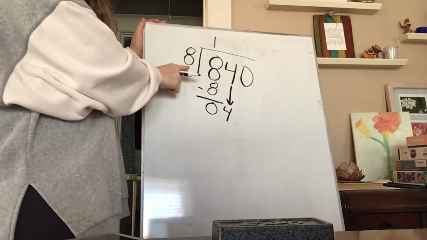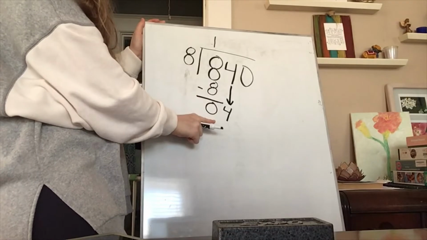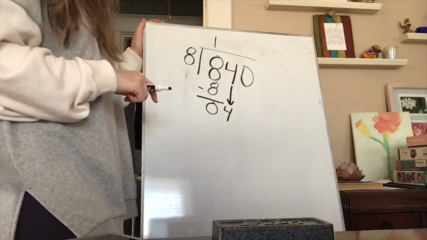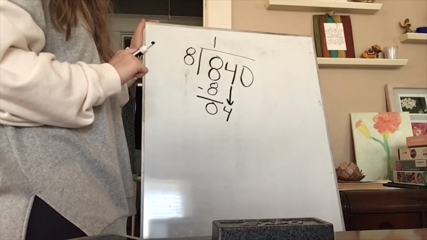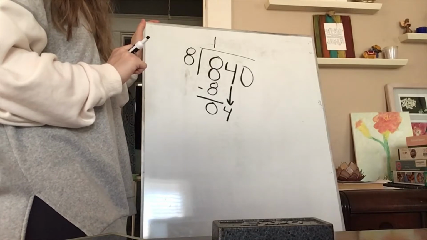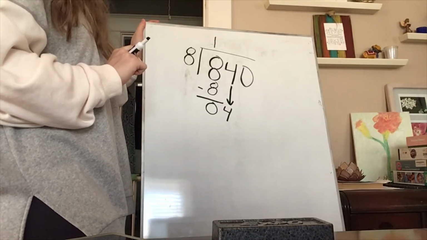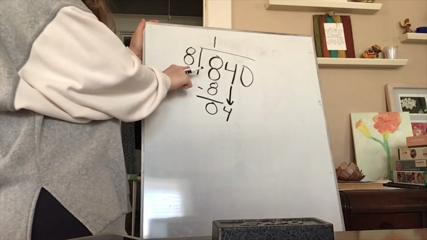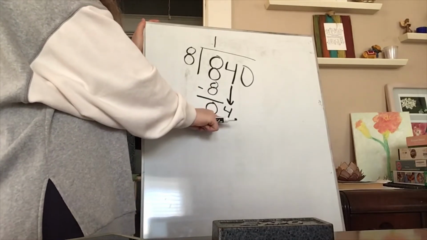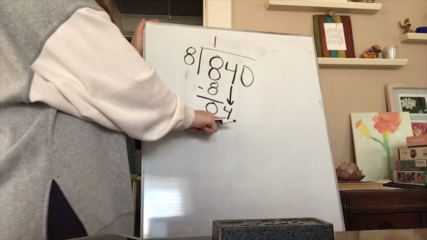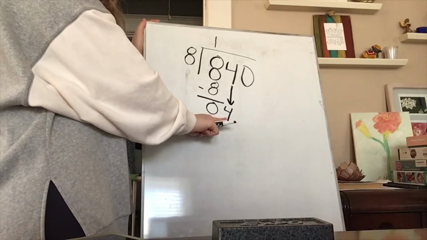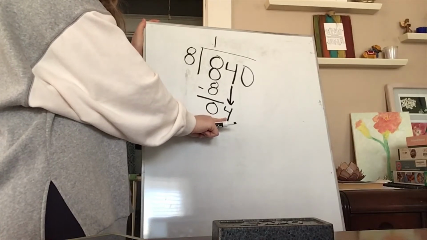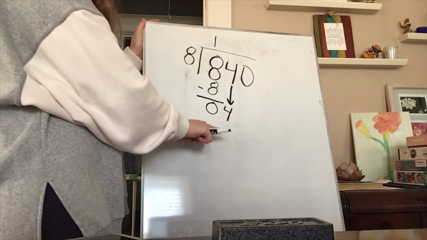Good. So we're seeing how many times our divisor 8 will go into our new dividend 4. How many times is that, Carla? Two times. Can 8, our divisor, go into our new dividend 4 two times? No, it can't.